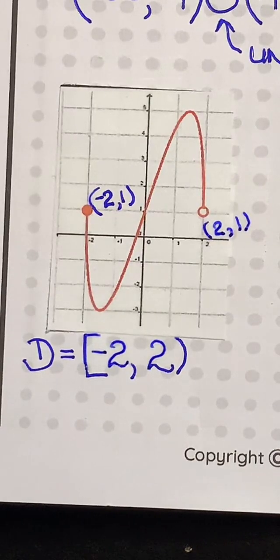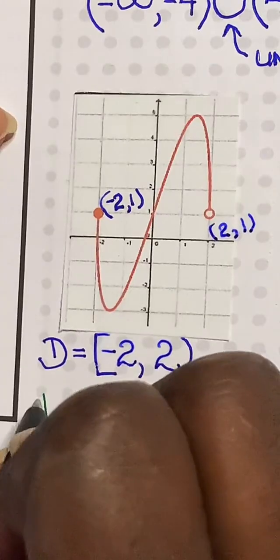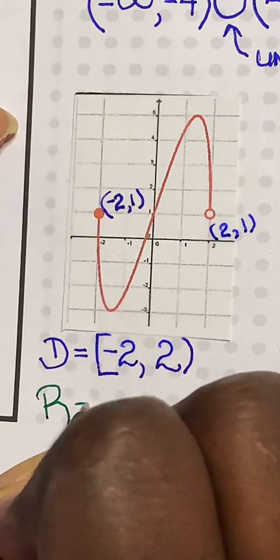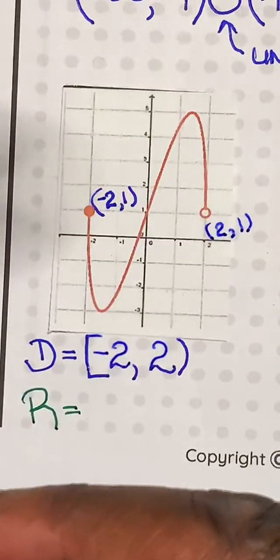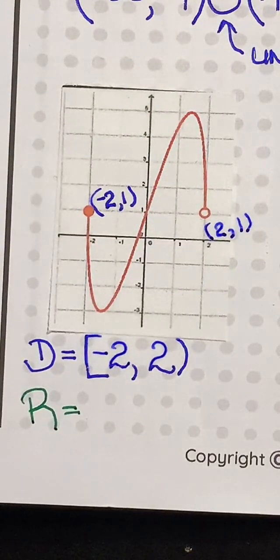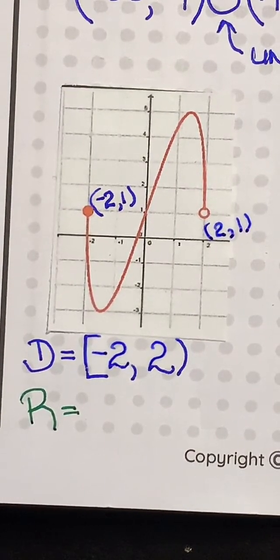Now we need the other side of the coin, which is our range. And I'm going to write an R. Your range tells me how tall the graph is. So that means I need to look at its highest point and its lowest point.